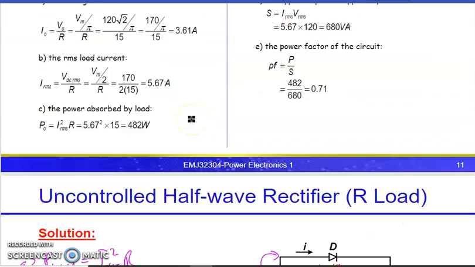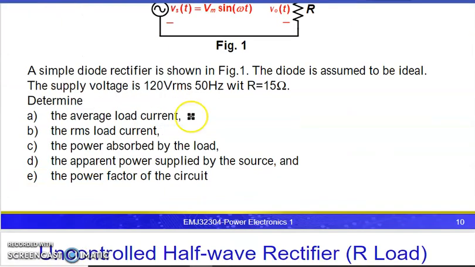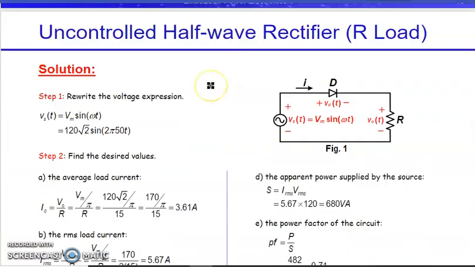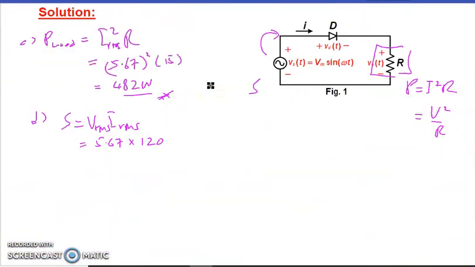In the middle of calculation, you can omit the unit. You have stated here 120 volt RMS 50 Hz. So 120 times 5.67, we shall have 680 volt ampere.